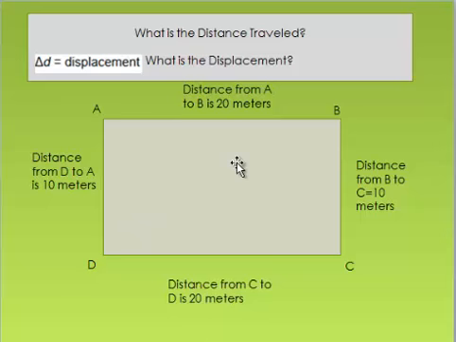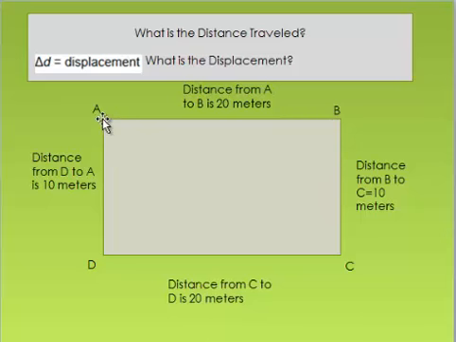The displacement is distance traveled with direction. Alright, when you are talking about displacement, it is your starting point to your ending point. The shortest distance between those two points. So if you started at A and you ended at D, the shortest distance between those two points would not be this 50 meters.